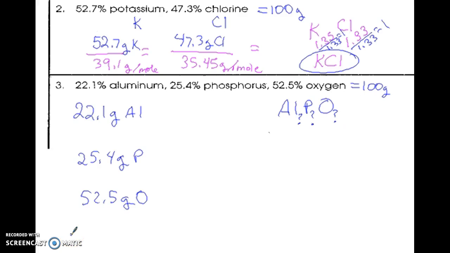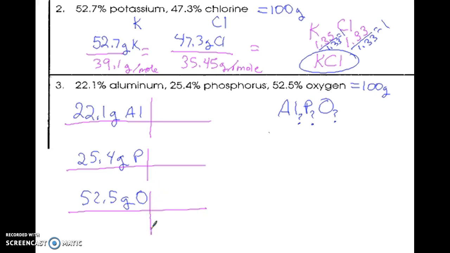Again, if I divide by the molar mass, I can know the number of moles, because the empirical formula is the mole ratio. I'm going to introduce you to this way of quantitatively setting it up. This line tells me I have a fraction, and this line tells me I'm going to multiply. I look up on my card that for every 26.98 grams of aluminum, I have 1 mole of aluminum.